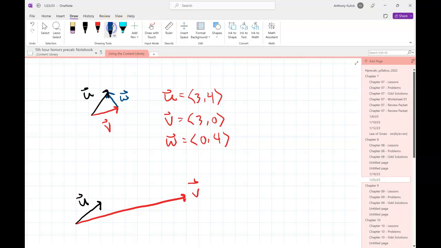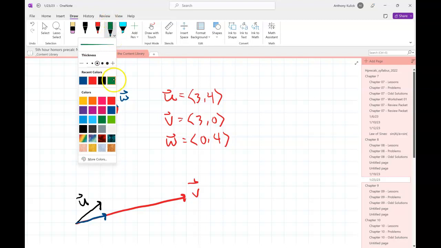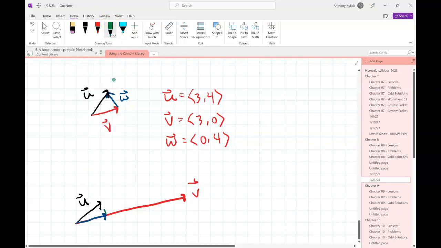Then what I want to be able to do is find some vector that's in the same direction as v, that's perpendicular to v, and that still adds up to give me u.